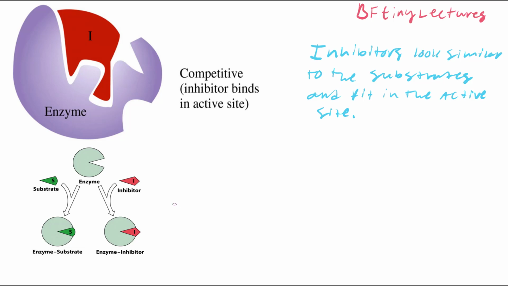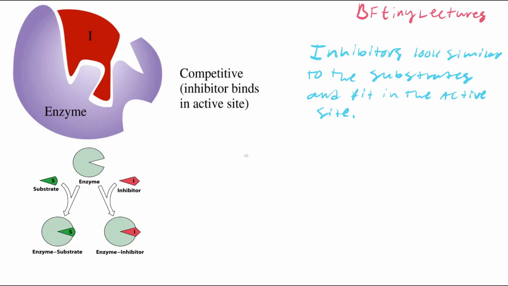The substrate is going to want to go in here, but it can't, right? Because it's being blocked by the inhibitor. And so therefore the reaction cannot take place. Of course, whenever the reaction is done, the inhibitor can get out of the enzyme and go on with its day, right? It's not permanent, it's just taking its place.